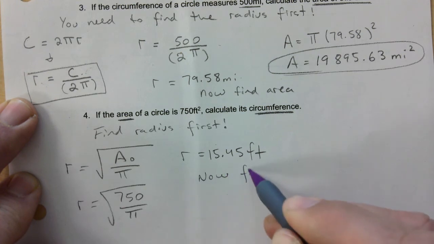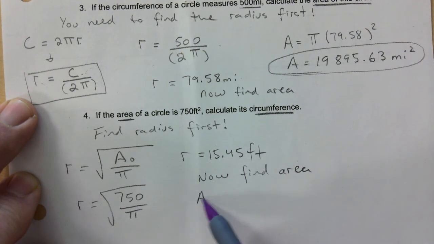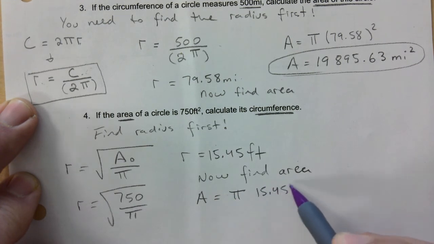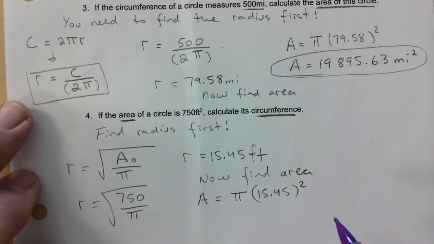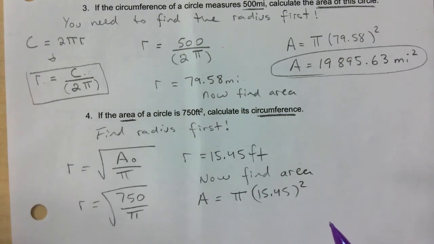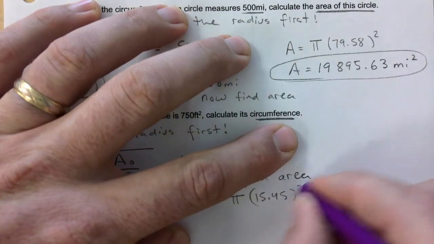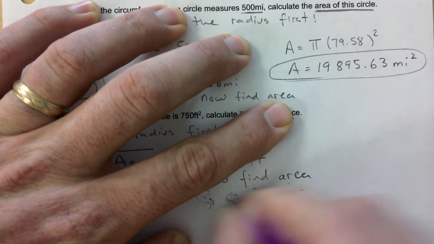Now find area. Pi r squared. Oh, sorry. Find the circumference. Undo, undo, undo. Control Z, right?